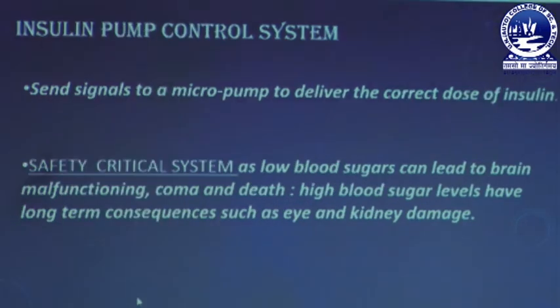The next important aspect that we have to remember is that the insulin pump control system is a safety critical system. Look at the name, safety critical system. So, why is this a safety critical system?